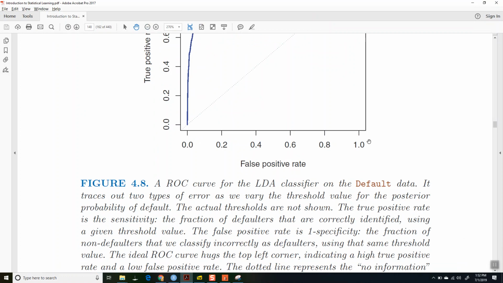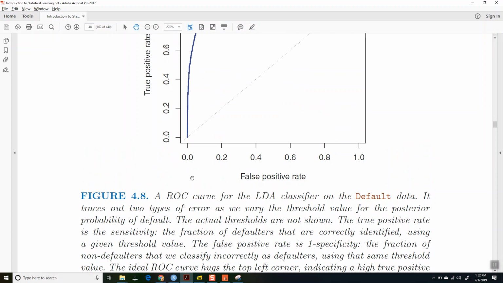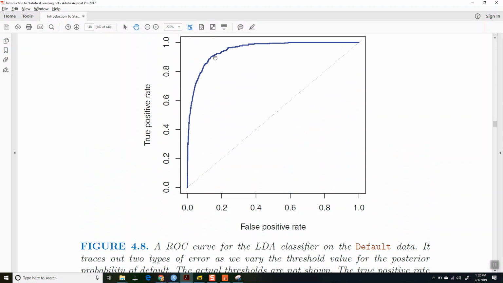The different thresholds are not actually shown, but the true positive rate is the sensitivity.